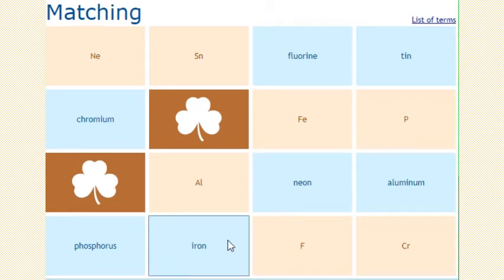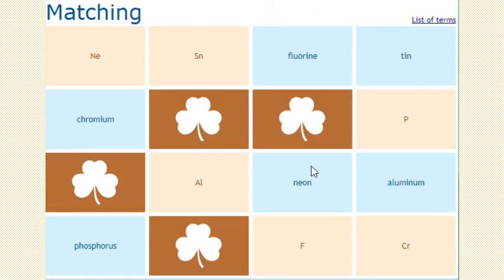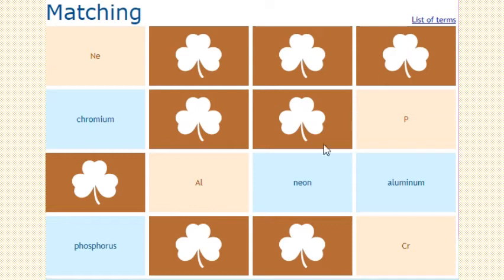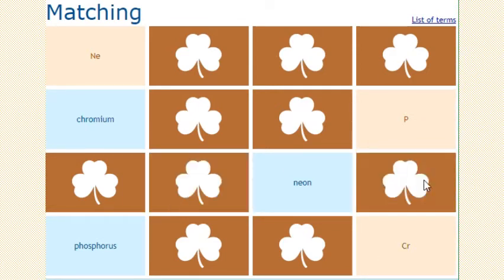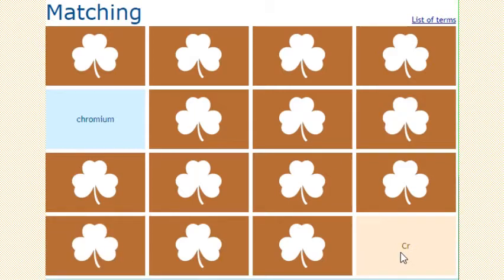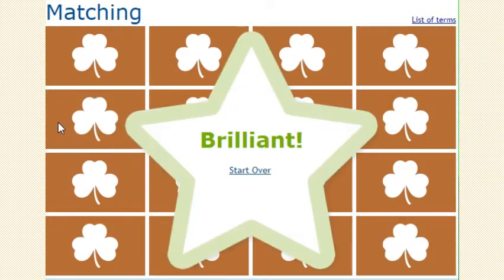The symbol for iron is Fe. The F stands for fluorine, Sn for tin, Al for aluminum, Ne for neon, P for phosphorus, Cr for chromium.